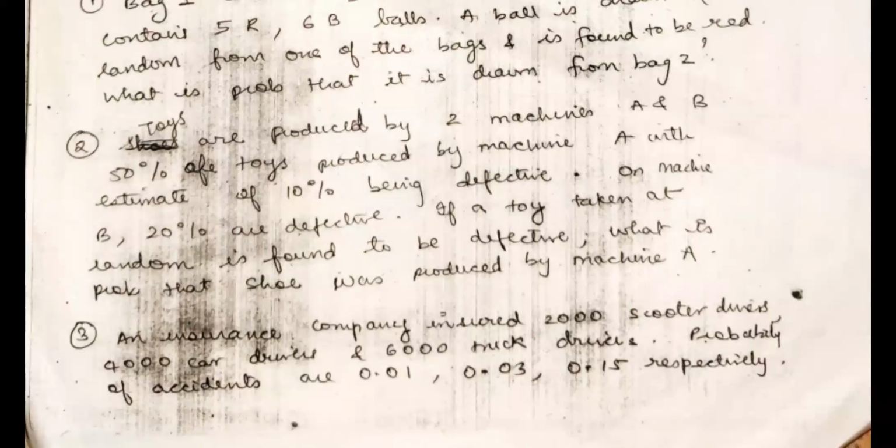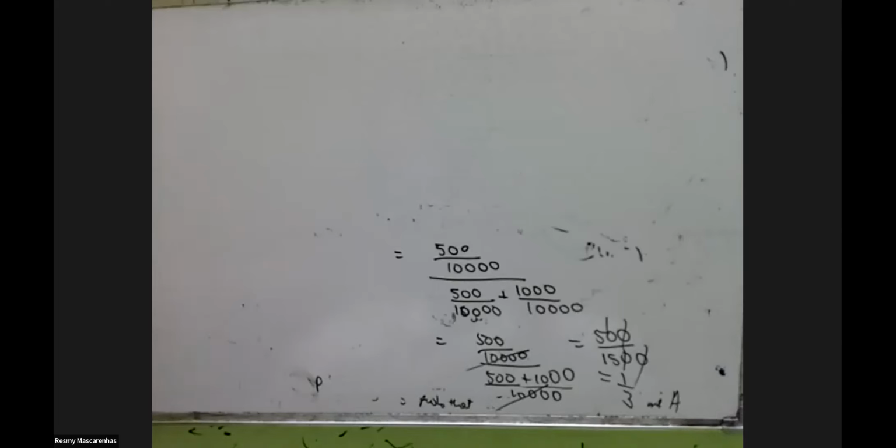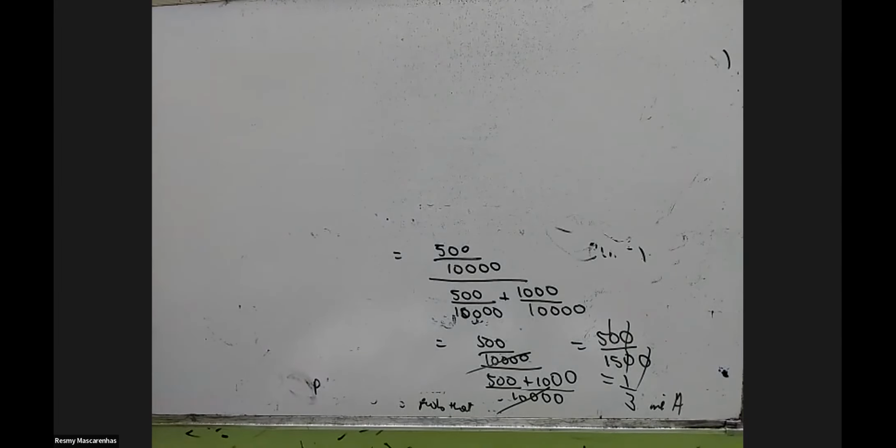An insurance company insured 2,000 scooter drivers, 4,000 car drivers, and 6,000 truck drivers. Probability of accidents are, for scooter, car, whatever. First is of the scooter, then is of the car, and then is of the truck. These are the probabilities given of every vehicle. Then the question continues.